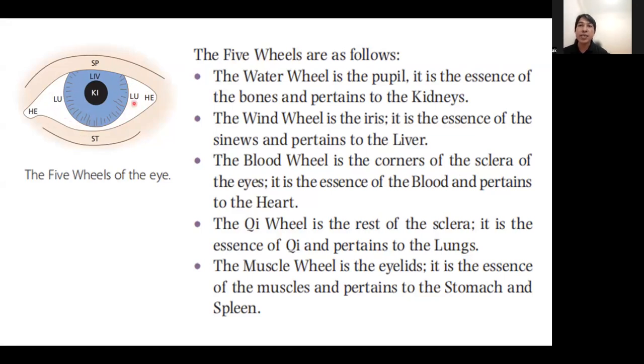It is the essence of chi and pertains to the lungs. Lastly, the muscle wheel is the eyelid. It is the essence of the muscle and pertains to the stomach and spleen.